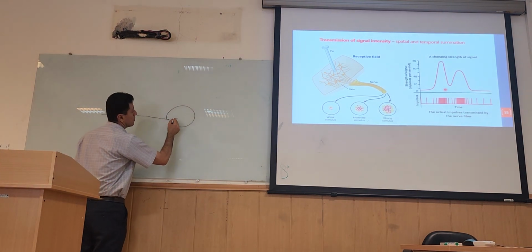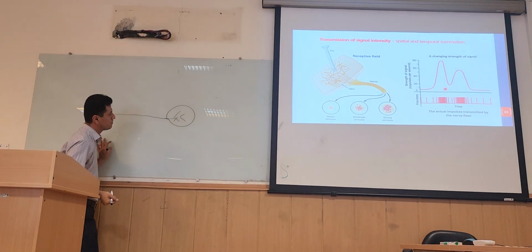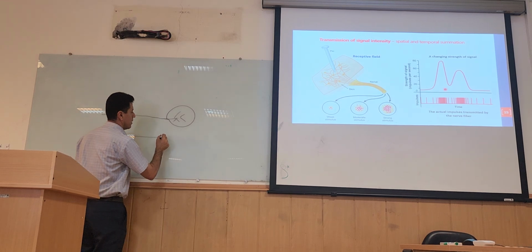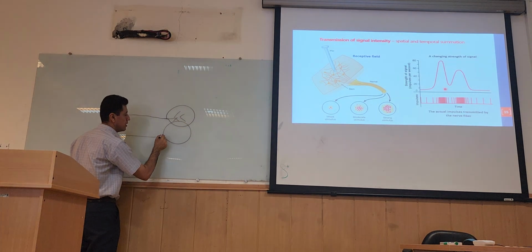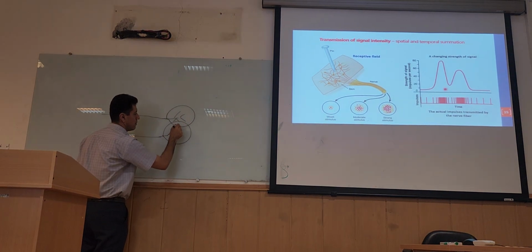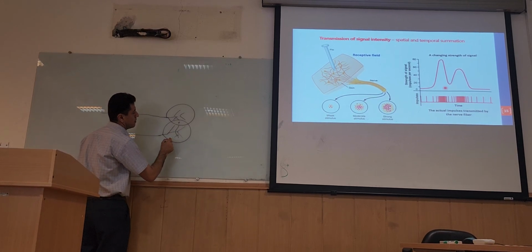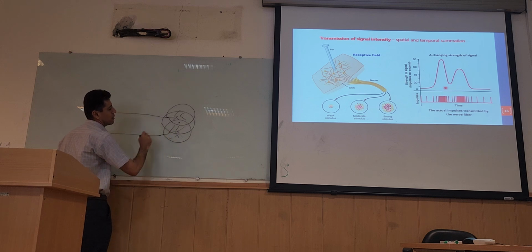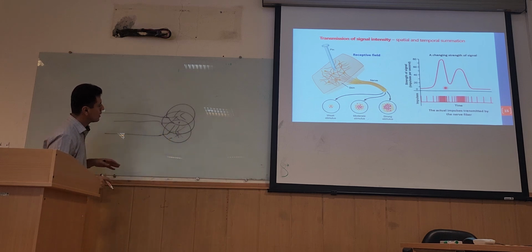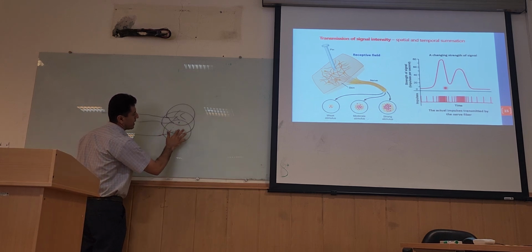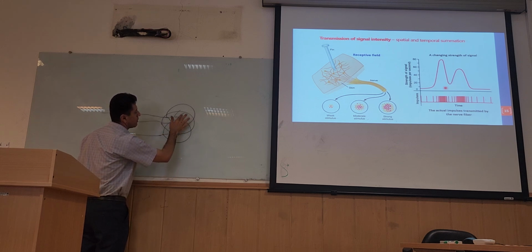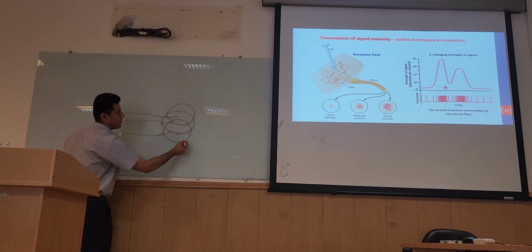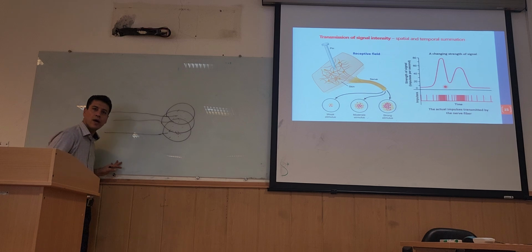So we may have another receptive field here. And another receptive field here. So let's clean the branches. You can see 3 receptive fields. First one, second one, and third one.